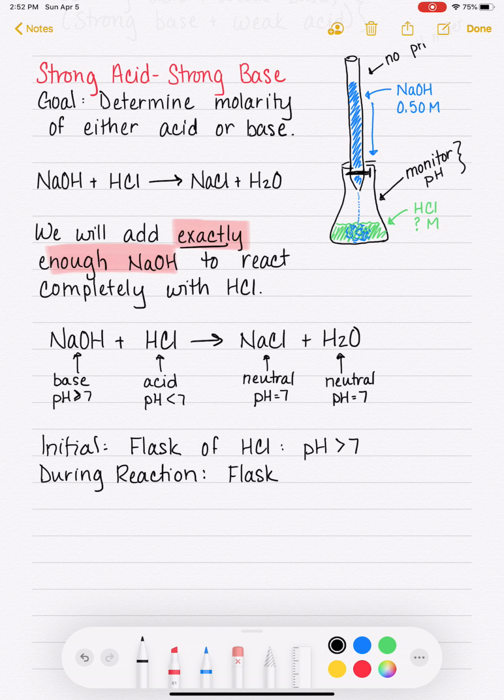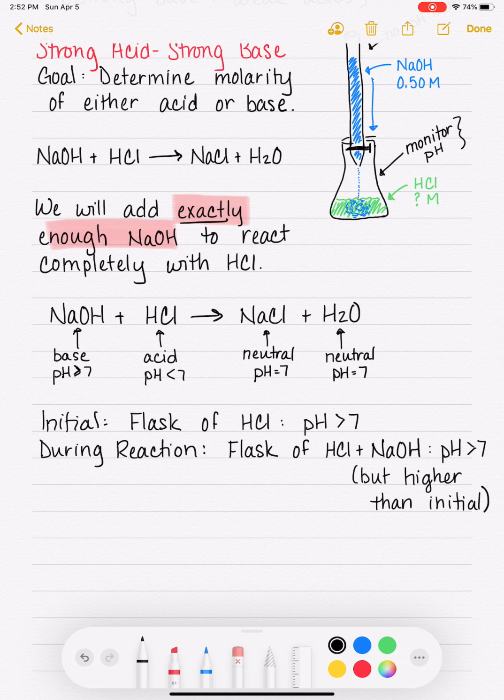So this is going to be the flask of HCl, and now we have some NaOH mixing around in there, and they're making products. The pH of that is still going to be less than 7, but it's going to be going up. So it's going to be higher than our initial pH. It'll be rising as we add more and more NaOH. The pH is going to get higher and higher and higher.